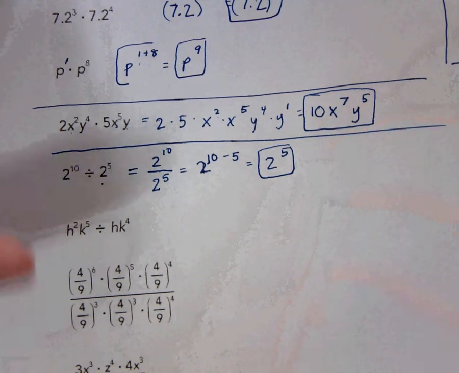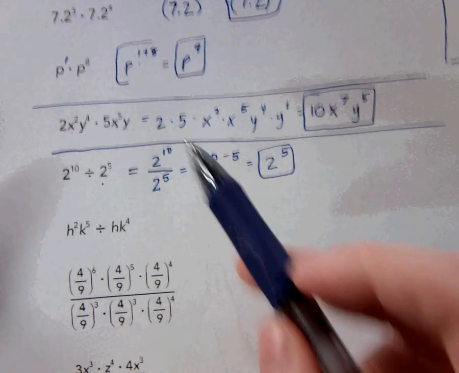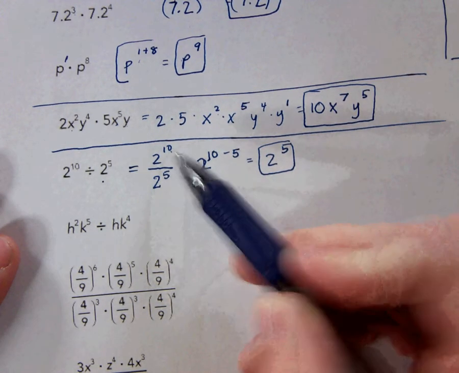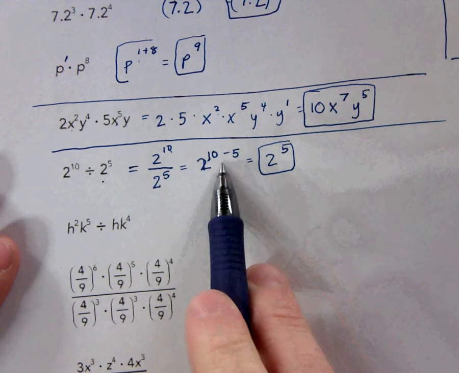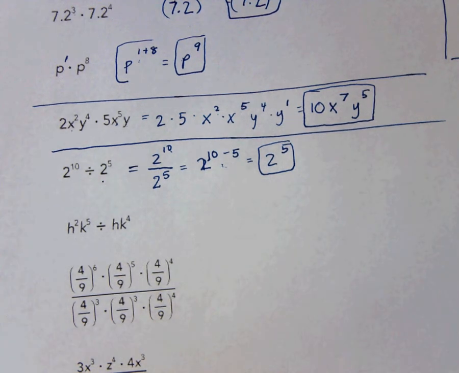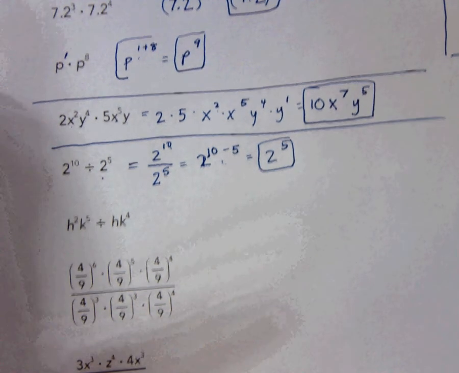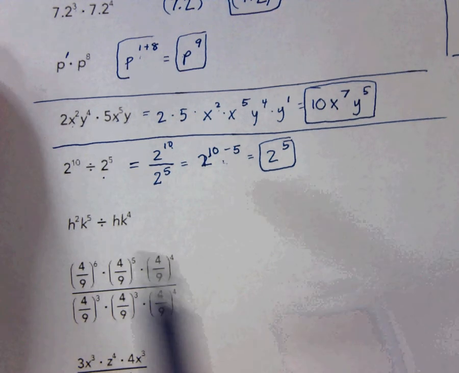And I don't know about your brain, but in my mind, when I see this, I'm basically canceling out 5 of these, so I don't necessarily do this step in my head. I can jump from here to here, and I maybe encourage you to practice that as well. 5 of these are canceling out.